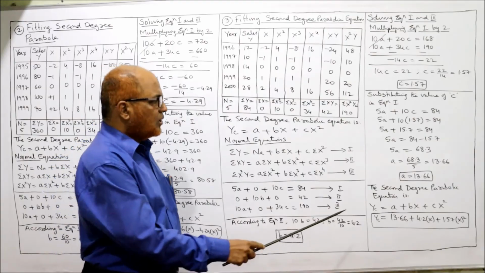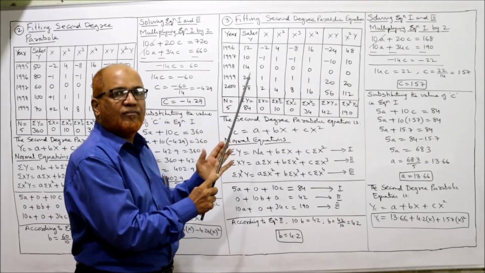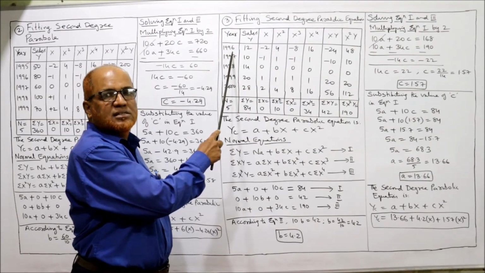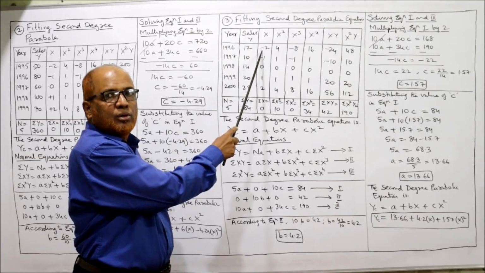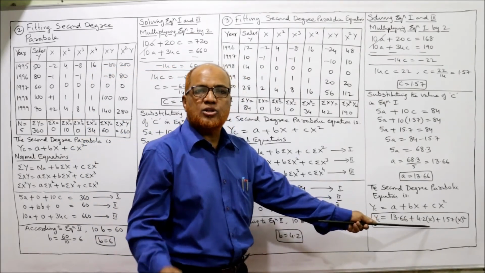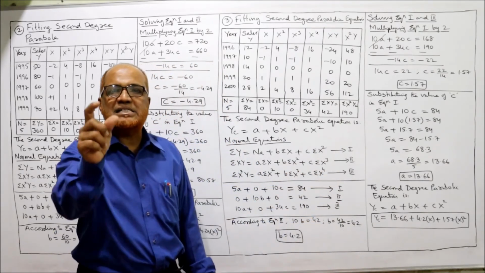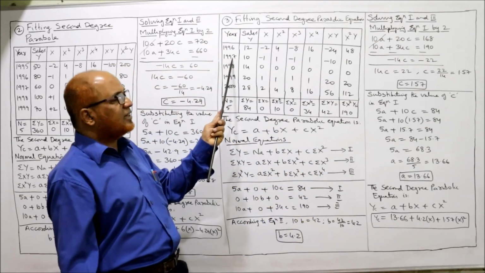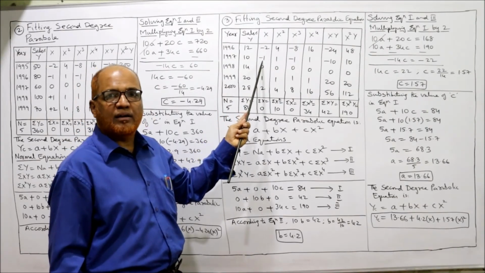In that trend values column, we'll take each year once, like 1996. What is the x value here? Minus 2. So substitute minus 2 in place of x, and you will get the value of yc. That is the trend value. Second year 1997: take the x value as minus 1.